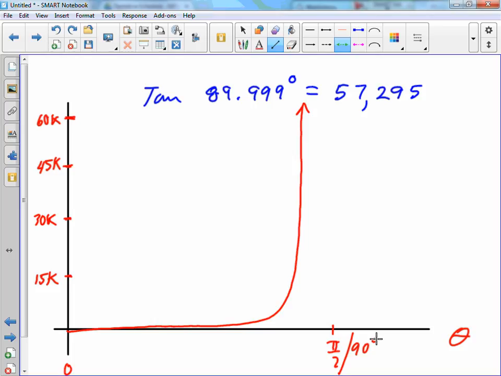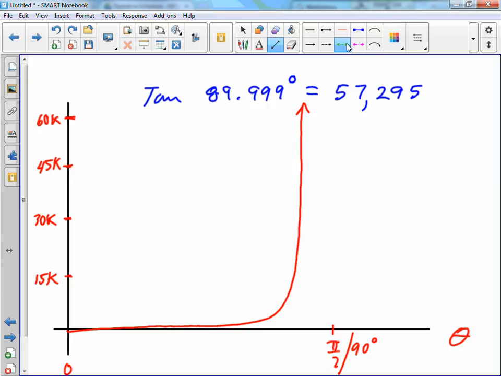If you go tangent of 89.9999, it's not going to be 1. It's going to be big. Throw a bunch more 9s if you want. It's going to be gigante. It gets bigger and bigger and bigger. It gets into the millions.